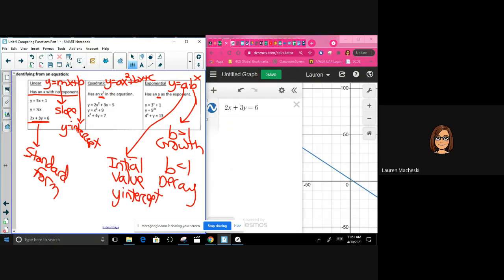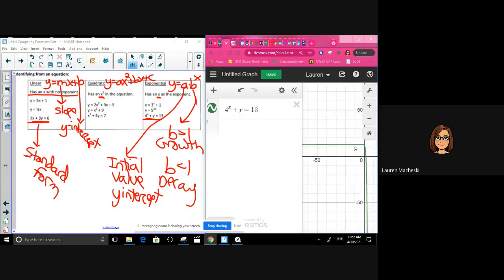All just refreshers from what we've done so far. And again, on the exponential, this last one doesn't look like it's in exponential form because y is not by itself. You could plug it into your calculator just to double check.